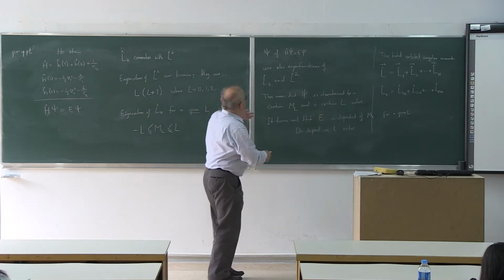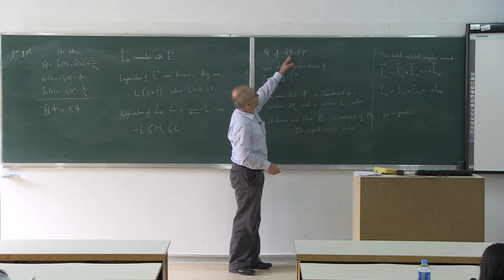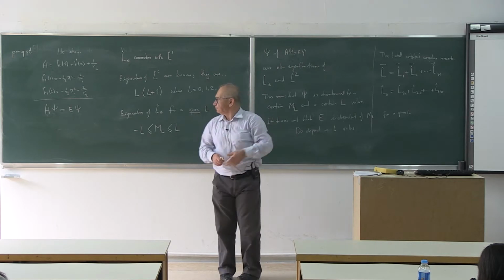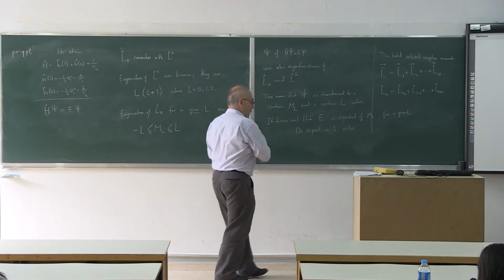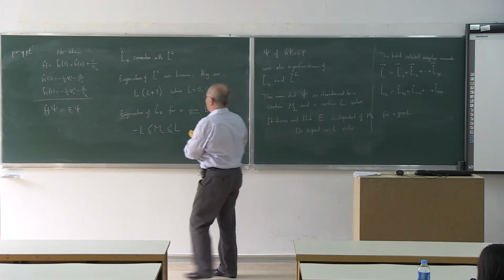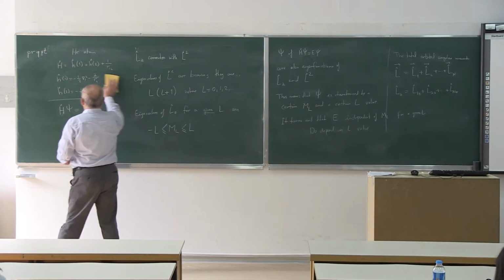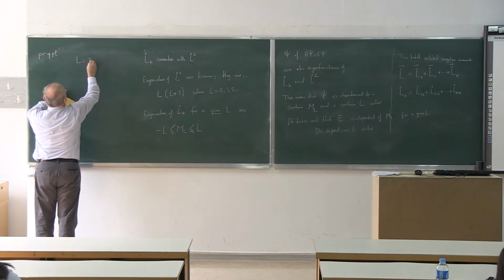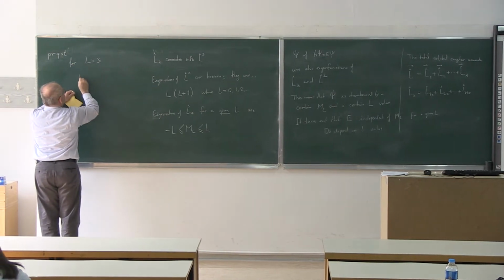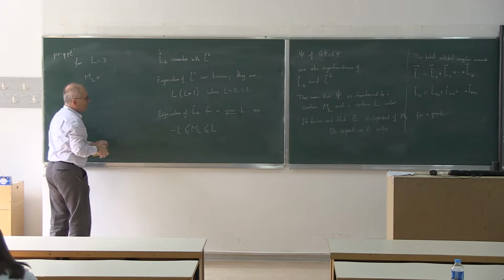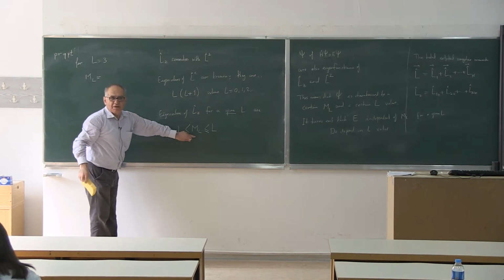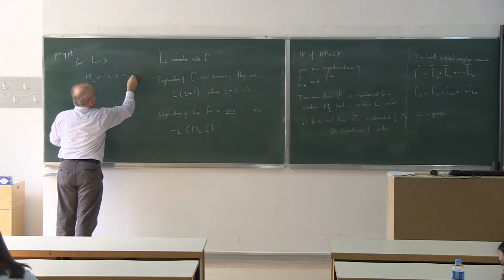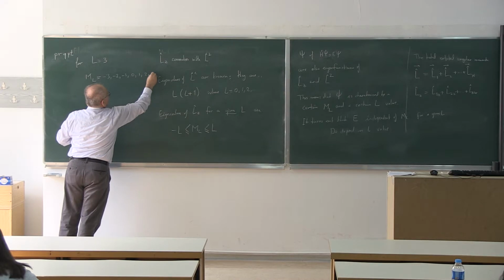For example, one of the solutions of the exact Schrödinger equation may have L equals 3. If L is 3, what are the ml values? According to this rule here, -3, -2, -1, 0, 1, 2, 3.